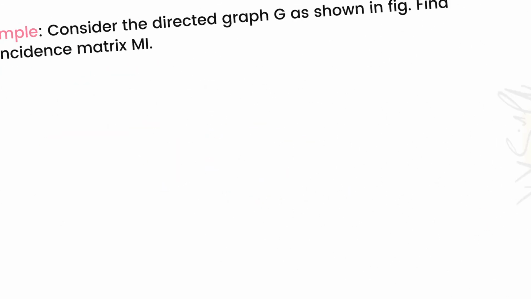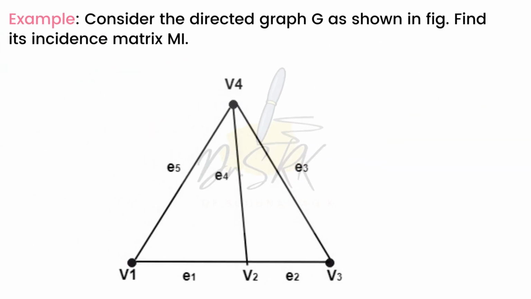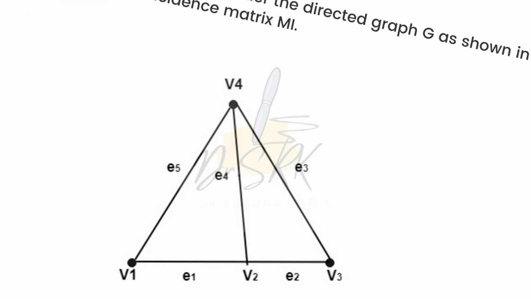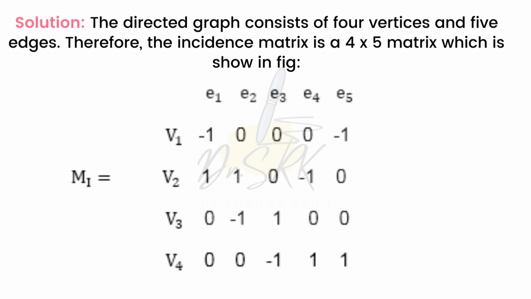Look at the V1E5 here. For the edge E5, I assumed V1 is the final vertex of the edge E5. That's why I am going to write V1E5 as -1.